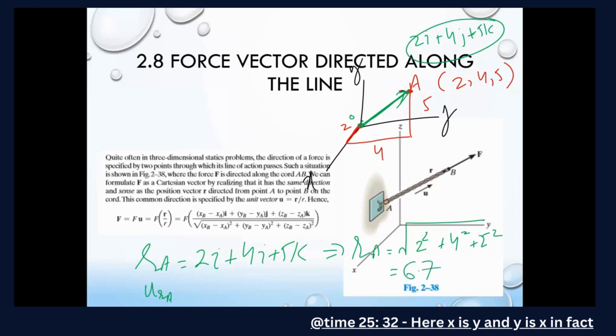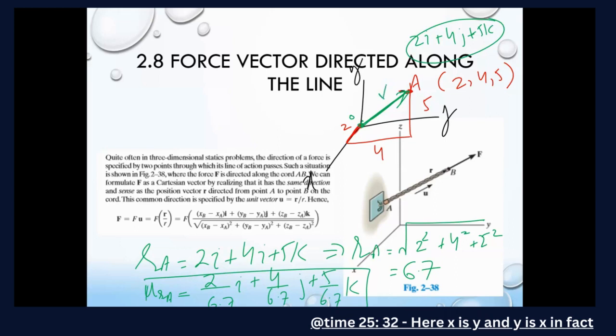So this is the magnitude. Then I would say 2 over 6.7 i plus 4 over 6.7 j plus 5 over 6.7 k. This is the unit vector, which tells us the direction.